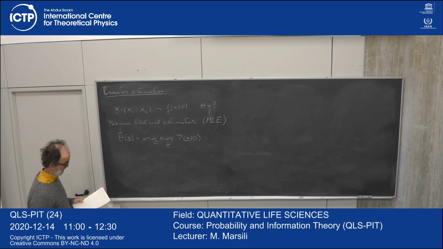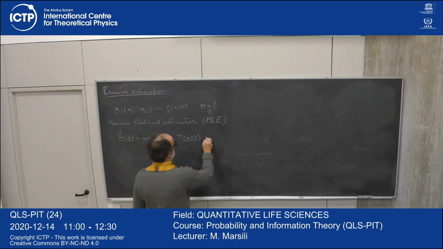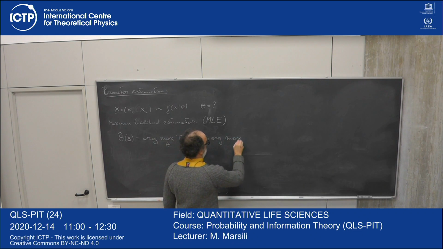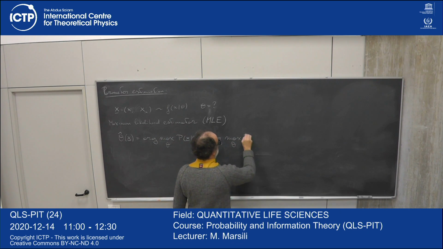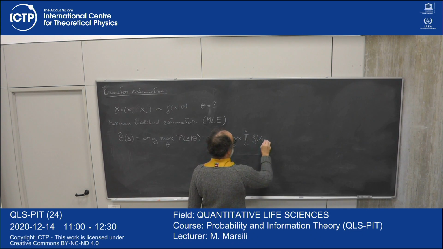Okay, so the probability of the sample given theta is just the product over i from 1 to n of f of xi given theta.